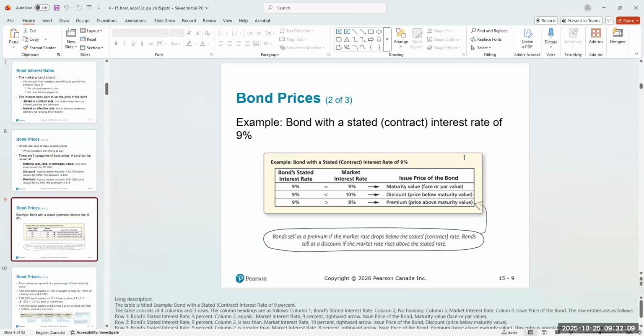I'm offering bonds. So if you give me $1 million today, I can pay you those $1 million after 10 years. And I'm going to pay you 9% interest on those $1 million every single year.